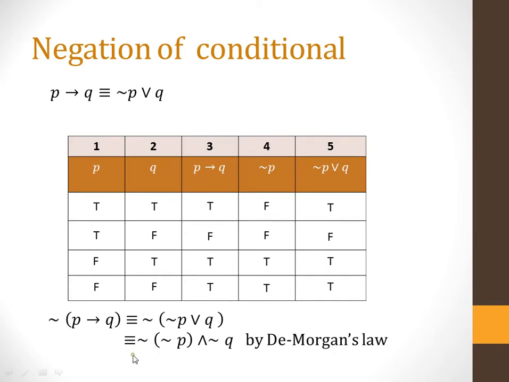The next step: negation of negation P is P, and negation Q as it is. So using De Morgan's law, we get the rule that the negation of implication, negation of P implies Q, is equivalent with P and negation Q.